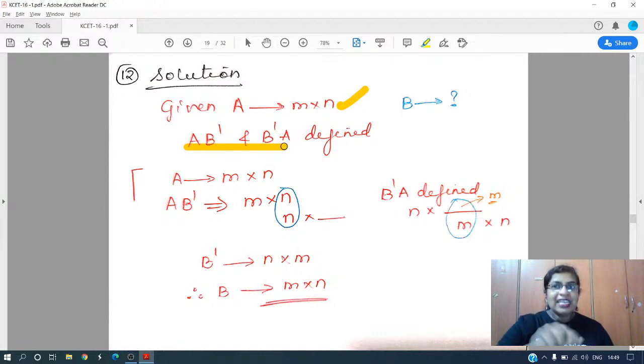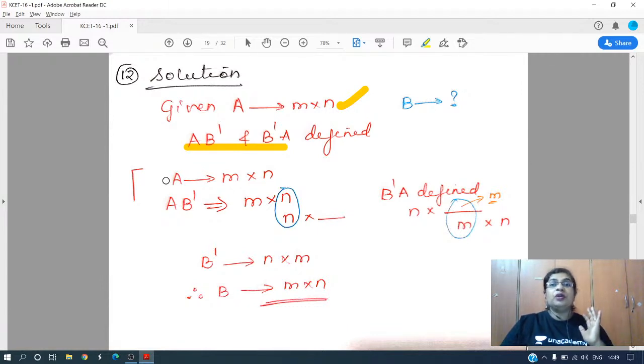That means multiplication is defined. If multiplication is defined, it has satisfied the property. What is that? The column of the first one should become equal to the row of the second. So slowly let us try whether we are able to get the order of the B matrix. Now, since this AB dash is defined here, and A matrix is already given to us.